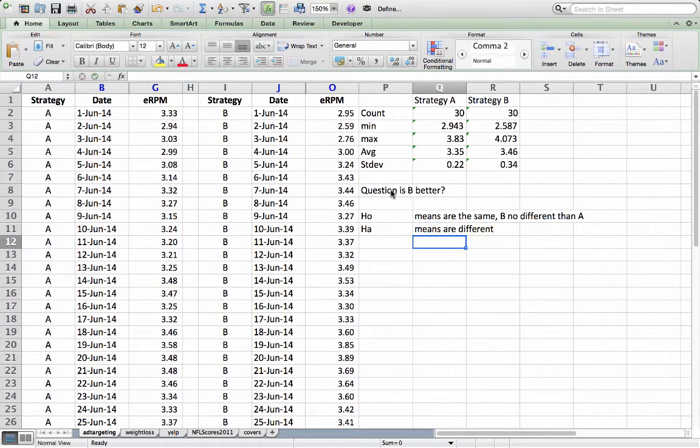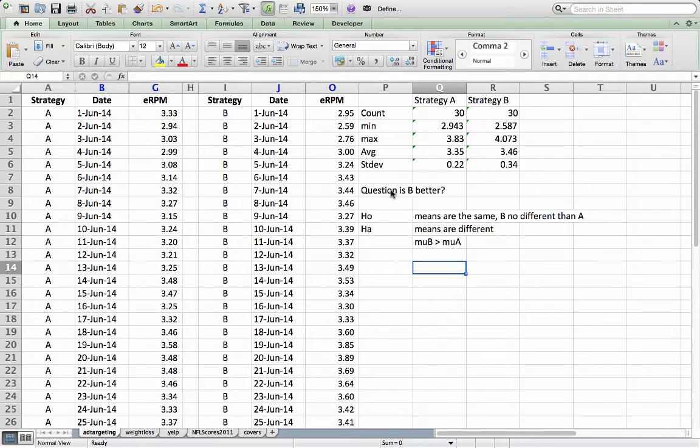That would be a two-tailed test. Or, again, assuming here we're trying to test our strategy B, right? So mu of B is bigger than mu of A, right? So here we would have a one-tailed test, right, where we're trying to sort of, whether or not we can conclude that strategy B is outperforming strategy A.